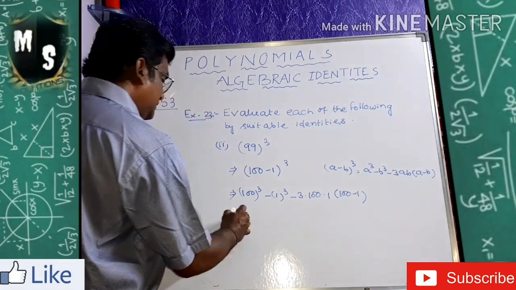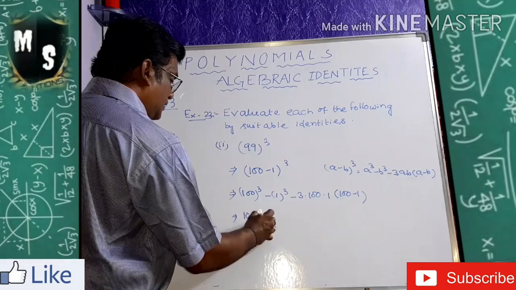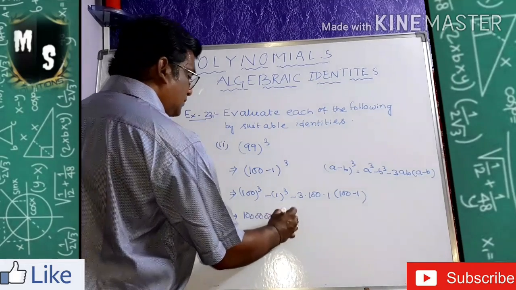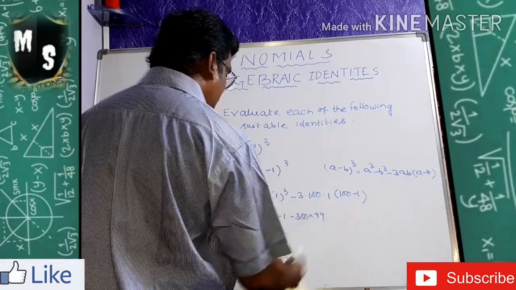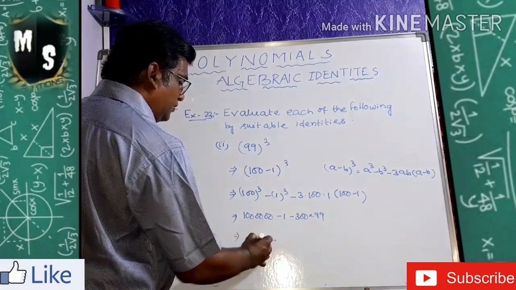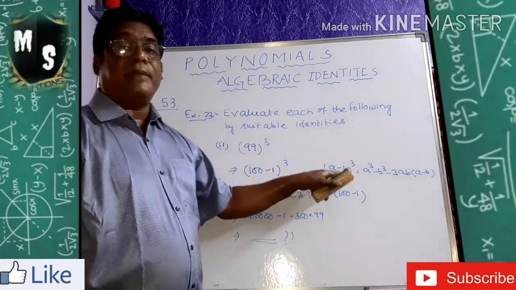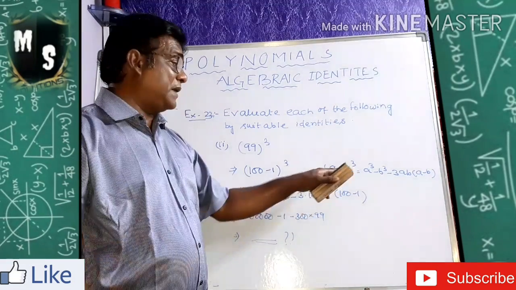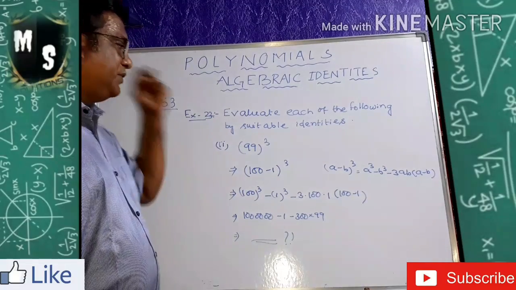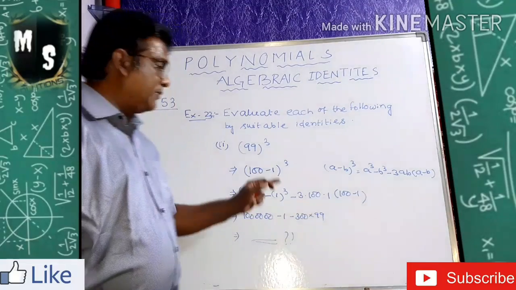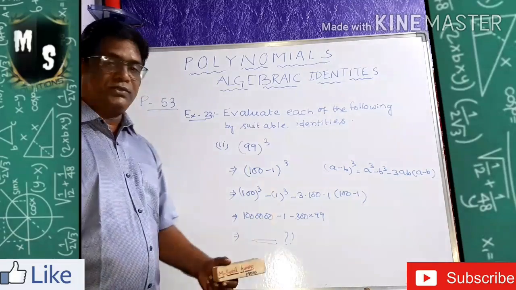Then it is 100 cube, 6 zeros, minus 1, minus 300 into 99. Now solve it and get the answer. You put the appropriate identity, a minus b whole cube, and it gives you the answer. I hope you understood it.